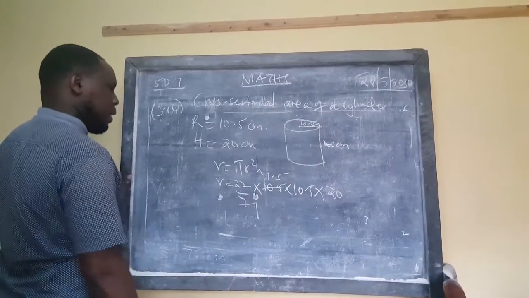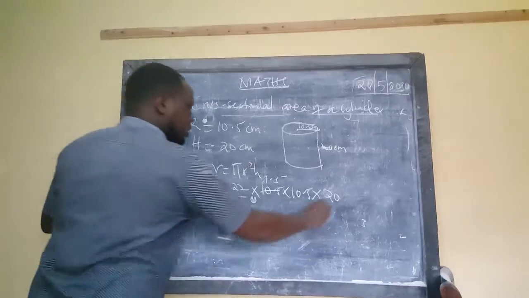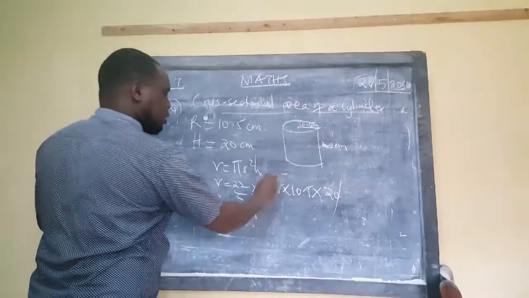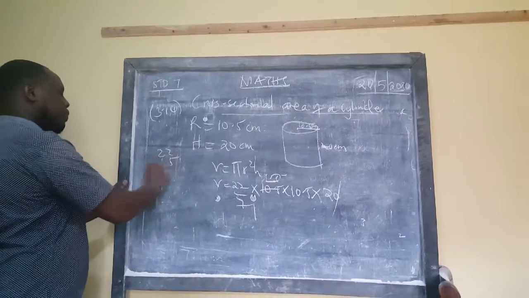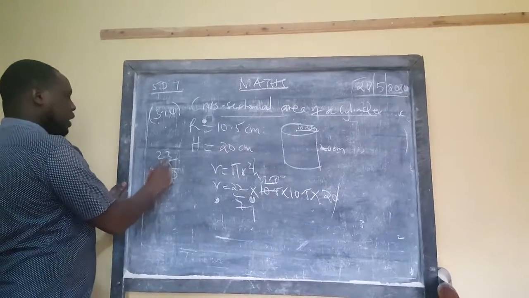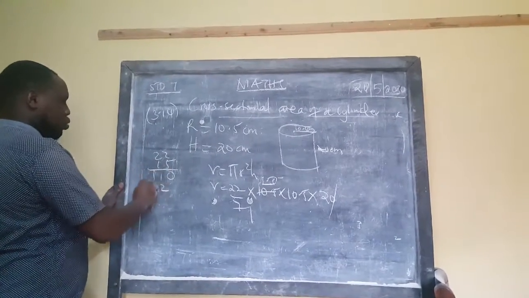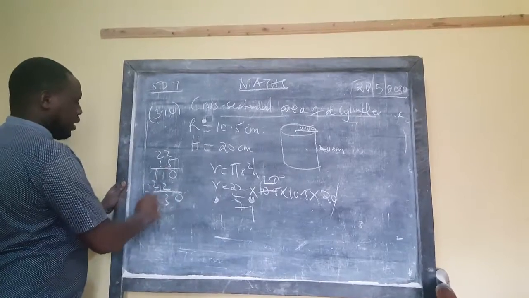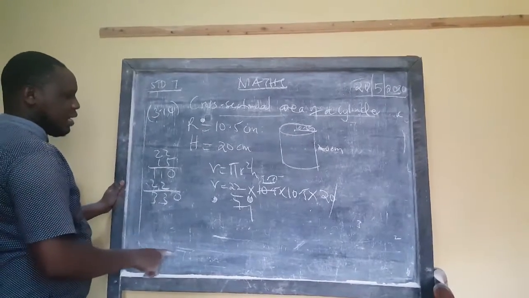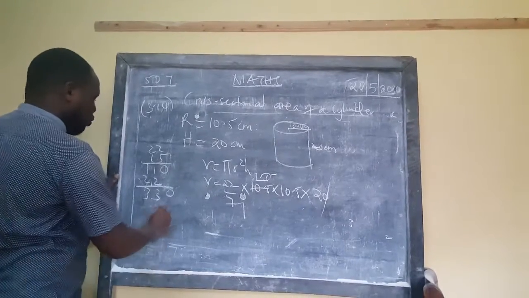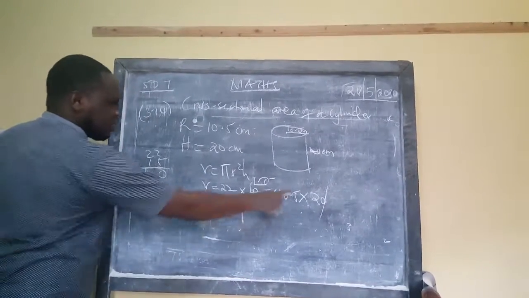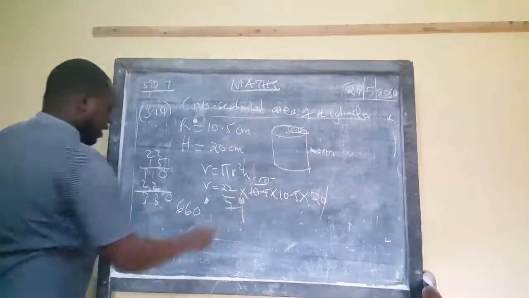We remove this decimal, this will remain 15. So 22 times 15, that gives 330, then multiply that by 2, gets 660, then multiply that by 105.